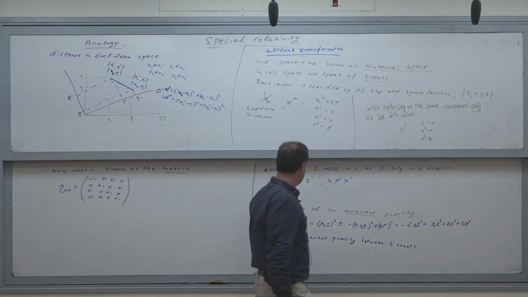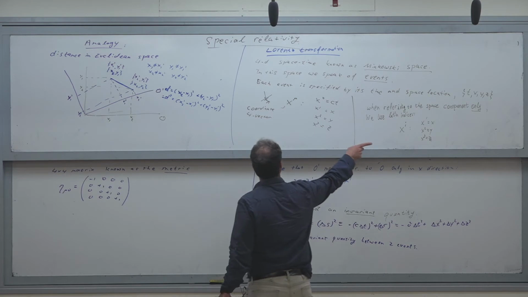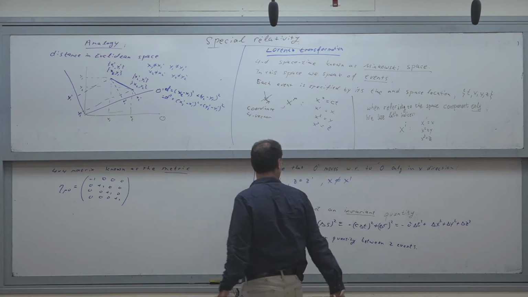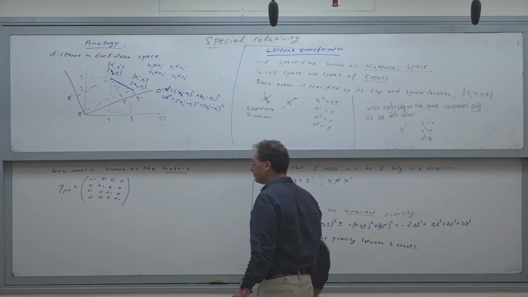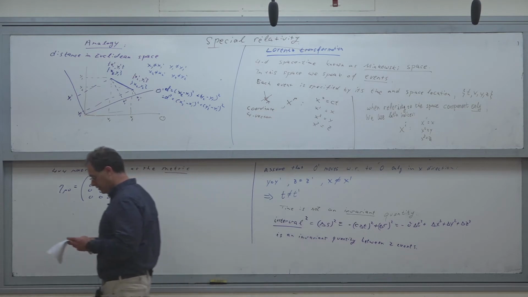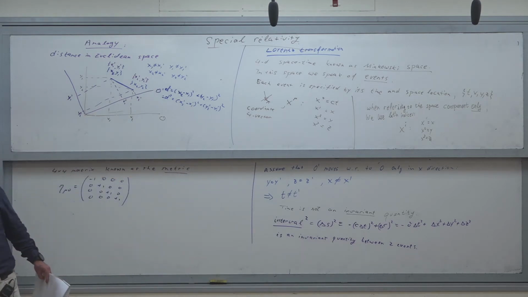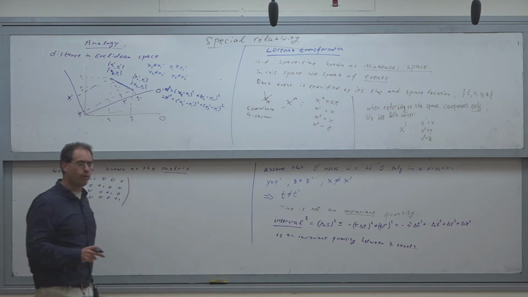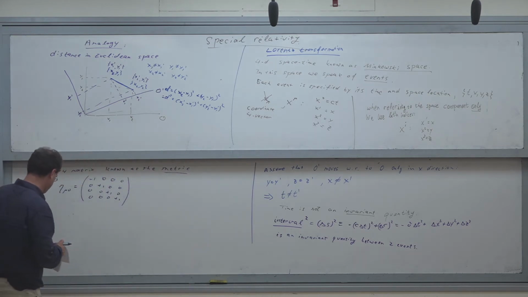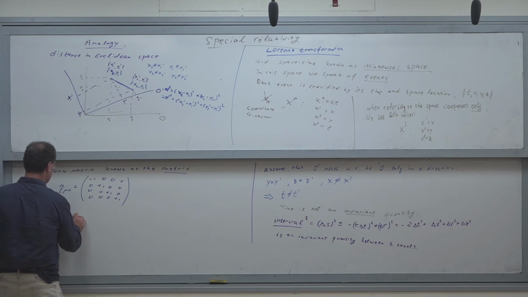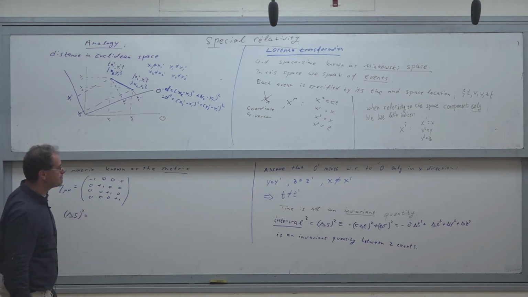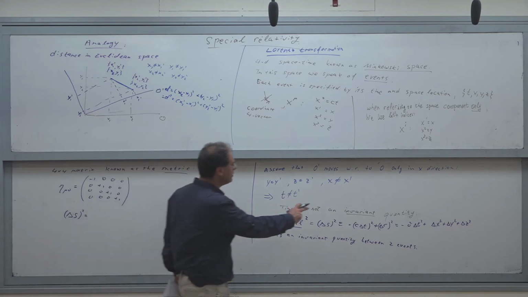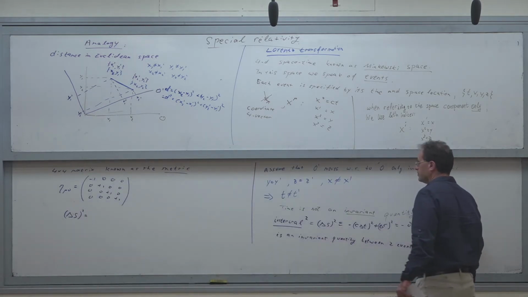Okay. So using this new notation that I just introduced, we can write down the interval, the same interval I wrote down here, in a much more compact form. Delta S squared, written here, minus c delta t squared plus delta x squared.